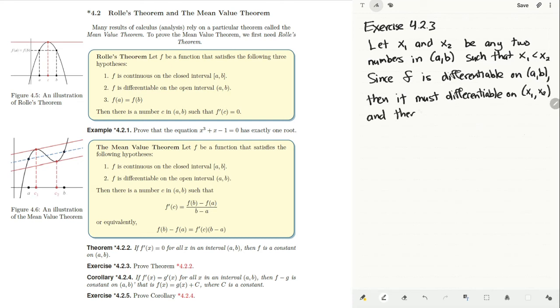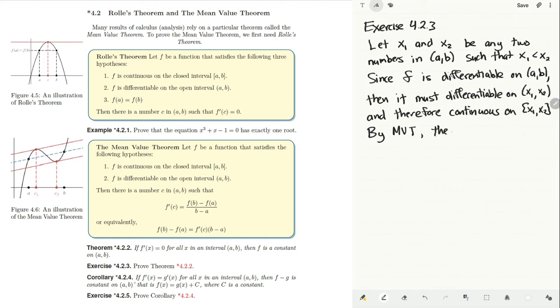And therefore, because the derivative exists, we know that it will also be continuous on the interval from x1 and x2. So we satisfy the hypotheses for the mean value theorem. So it's continuous on the interval from x1 to x2 and differentiable on the open interval from x1 and x2.